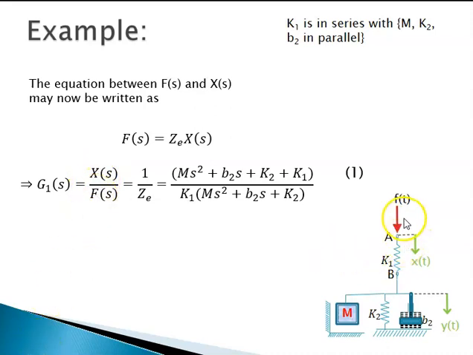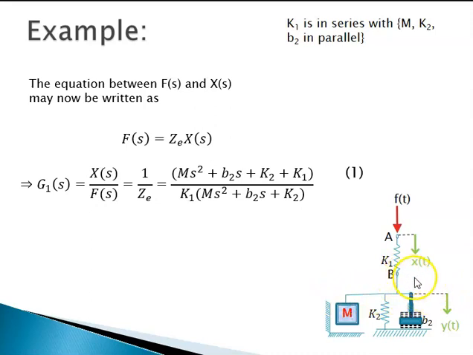We have seen that the force F acts at end A, and the same force is transmitted to end B also. So to find the transfer function between f of t and y of s, we can just get rid of the spring, because the force is acting here and displacement is occurring at a point neighboring the force.